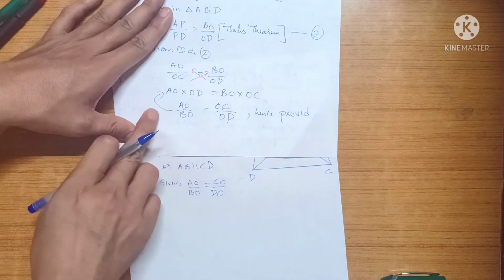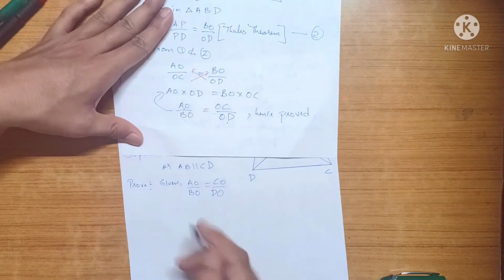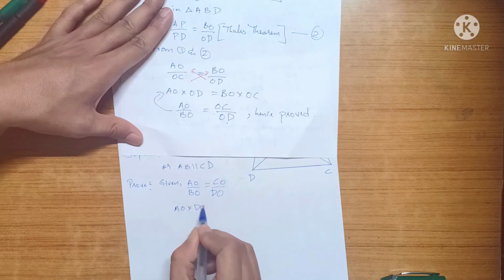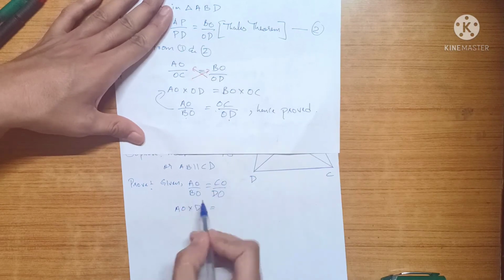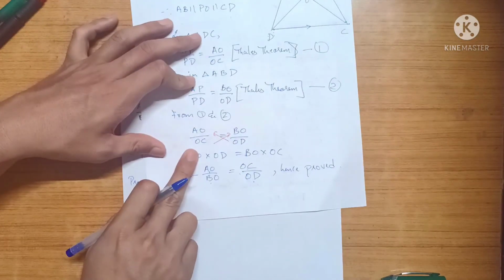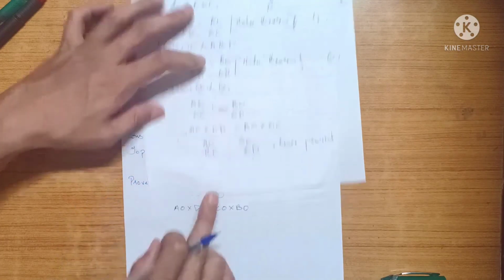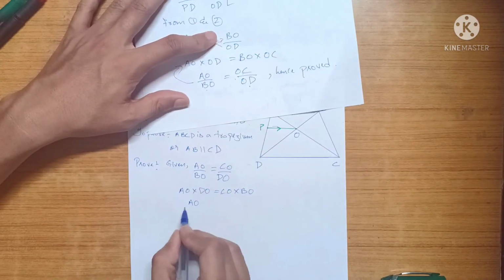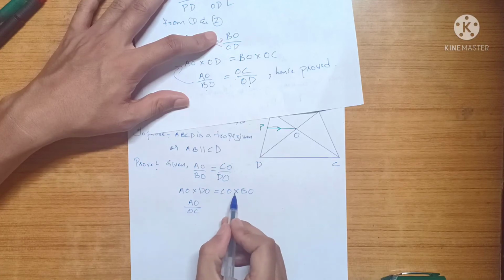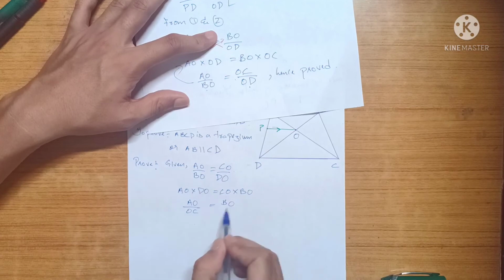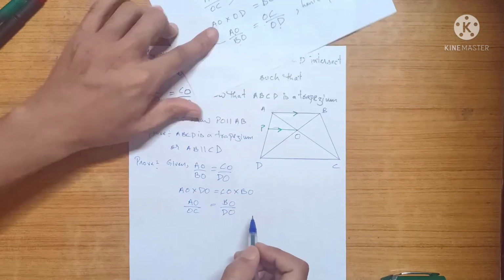We did cross multiply, so we'll cross multiply again. AO into DO equals CO into BO. Now here it was AO by OC, BO by OD. So here also I'm going to do AO divided by OC, because OC is multiplication; if it goes this side, it becomes division. BO stays up. If DO goes this side, it will become division.